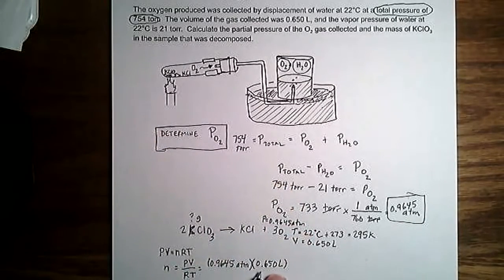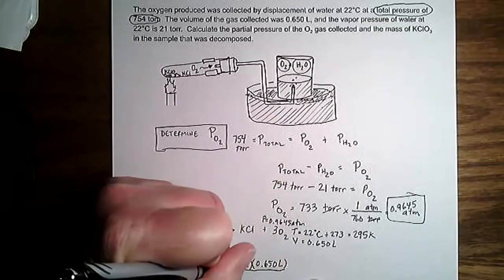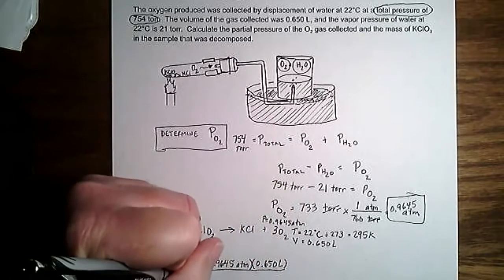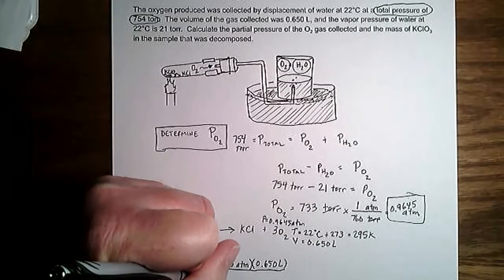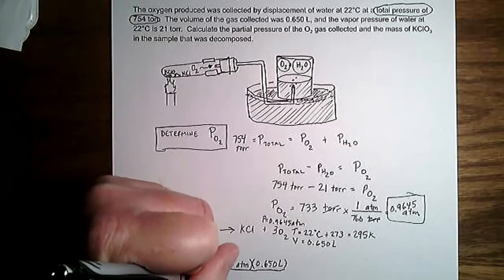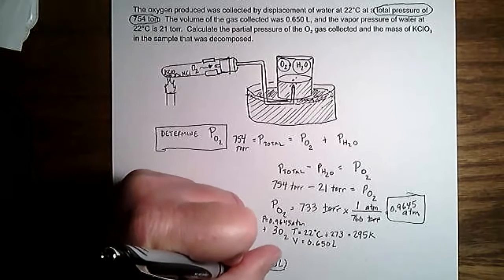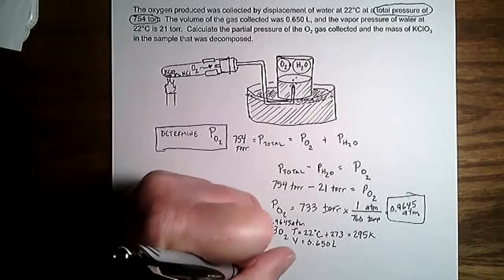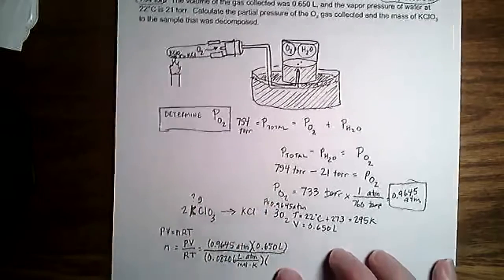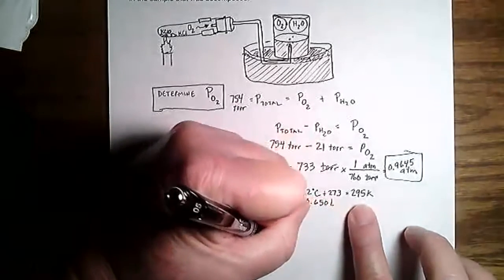Okay, so those are the volume of the gas here, the pressure of the gas, of only the O2 gas, as we back the water out, divided by R, which we know is 0.08206 liter atmospheres per mole Kelvin. Okay, and the temperature, we already changed that to Kelvin. It's 295.